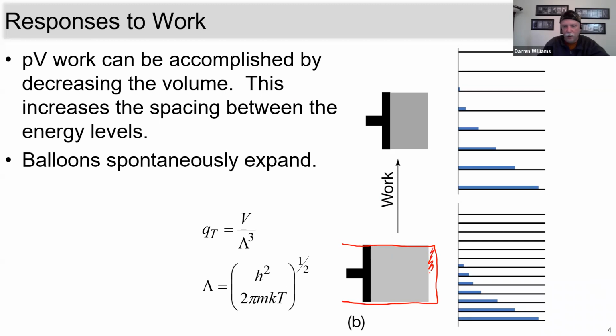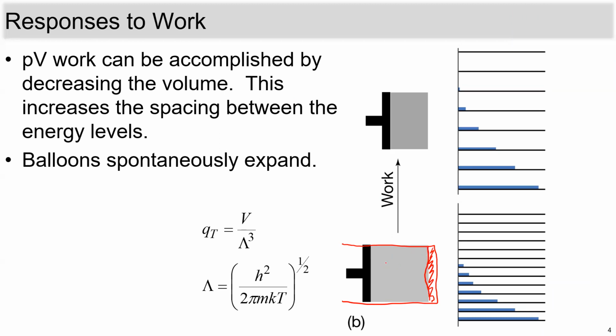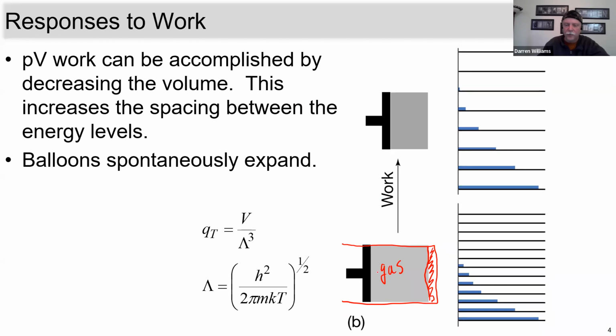This is the back wall, and this is the gas, and we squeeze on it, pushing that gas into a smaller volume. So delta V is less than 0, a negative delta V. We squeezed it, and now it's in a smaller space.